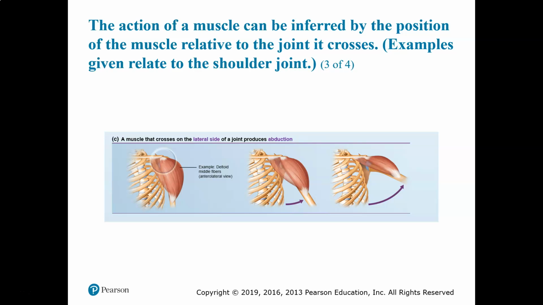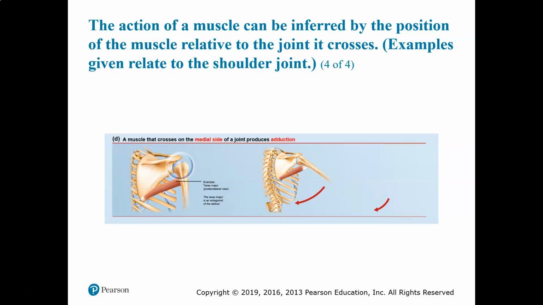All right, if a muscle crosses on the lateral side of a joint, it produces abduction. Abduction is moving away from the body. So the middle fibers of the deltoid, or you can just learn the deltoid, is going to produce the movement of abduction. So that would be the agonist or prime mover for abduction of the arm.